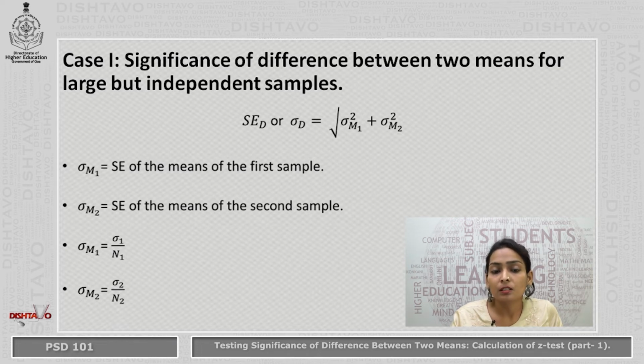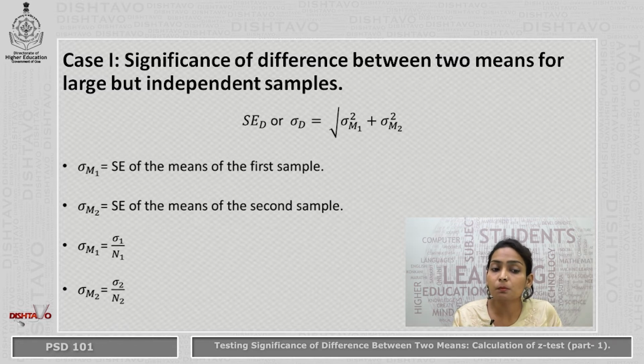So, root of standard error of the mean of first sample squared plus standard error of the mean of second sample squared. SE M1 means standard error of the mean of the first sample. SE M2 means standard error of the mean of second sample.